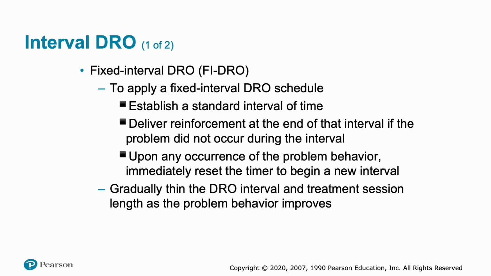So you want to do maybe a 1 minute period initially, and then gradually increase to a 2 minute period. Once they've mastered that and they're not engaging in the problem behavior consistently across 2 minute intervals, then you can increase to 3 minutes and so on and so forth. So that they can be successful with not engaging in the problem behavior and also contact reinforcement for not engaging in the problem behavior.